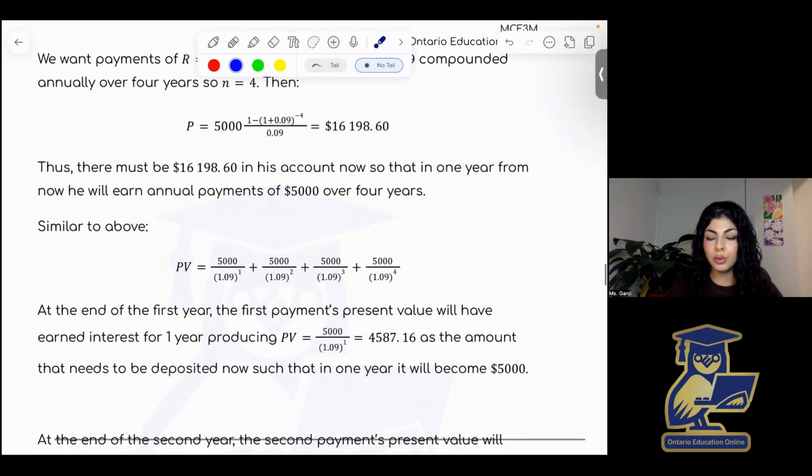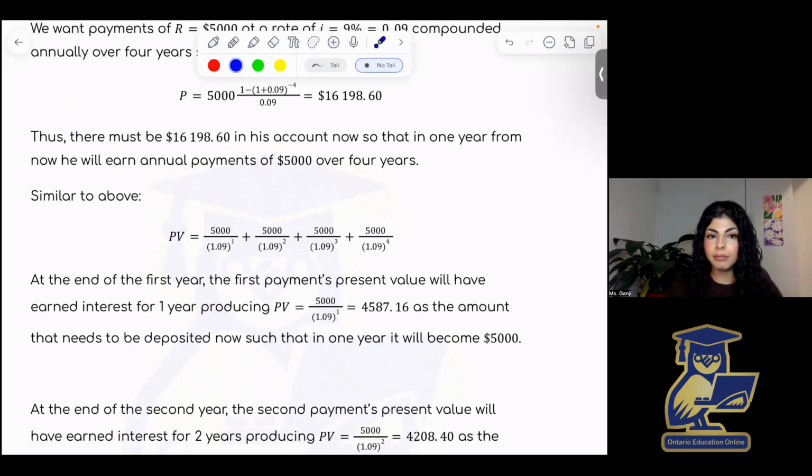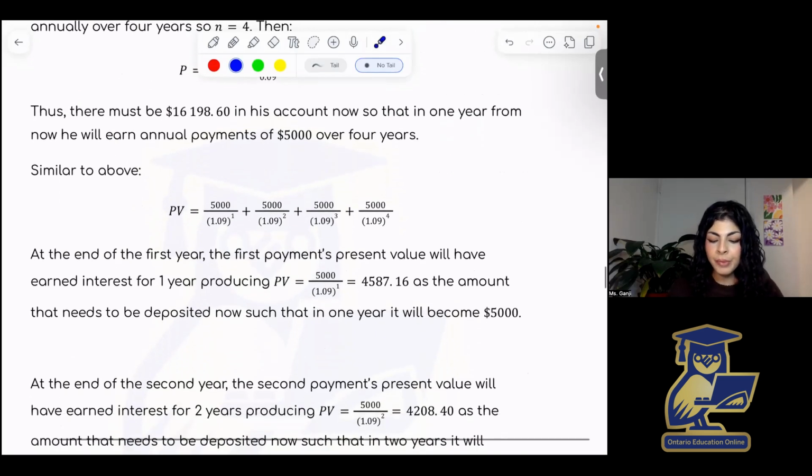So breaking this down so it's a little bit more visually understandable. The first $5,000 will only earn interest once, because after 1 year, he withdraws that $5,000. The second $5,000 has been in the account twice. The $5,000 is the future value in this case, right?